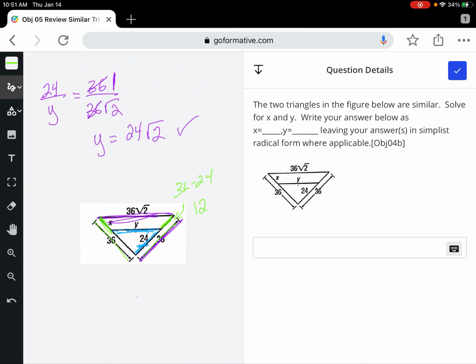But if you have a hard time with it, you could do 36 over x equals 36 over 12. And the obvious answer is, of course, that x has to be 12. So you could do whole side over bottom part equals whole side over bottom part. But you're still going to get the same thing, that is 12. And just because it's an isosceles triangle. So again, y is equal to 24 radical 2. X is equal to 12.